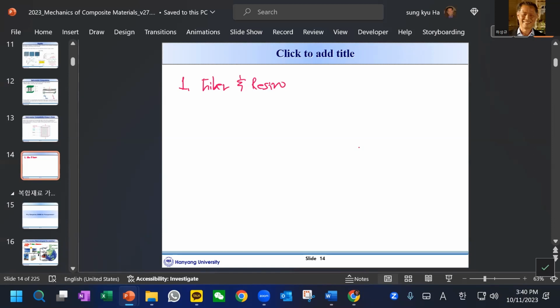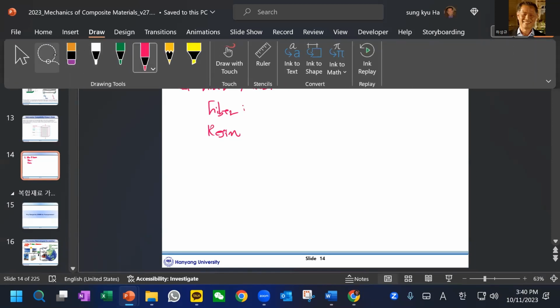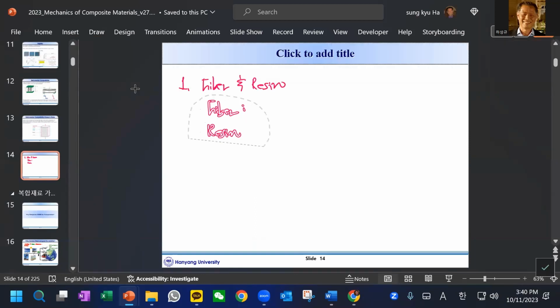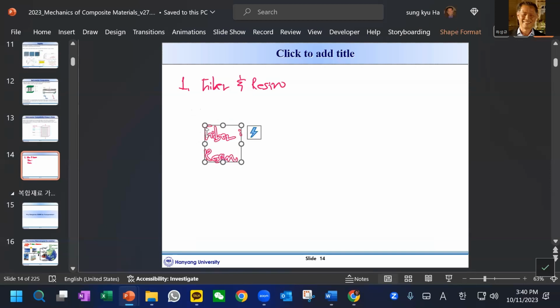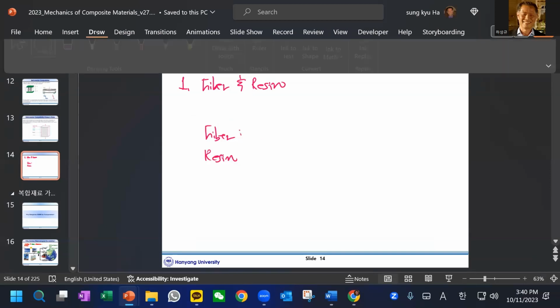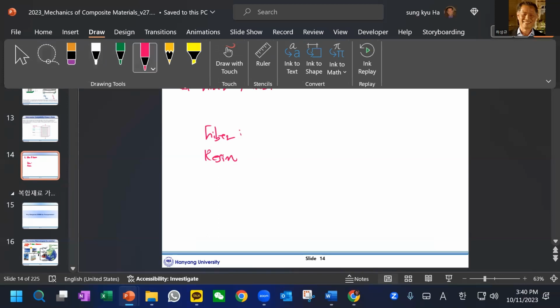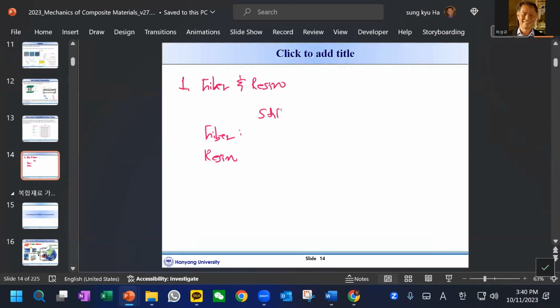As you can easily see, let's compare the fiber and the resin. The stiffness will be about, for the fiber, I would say 250. This is the stiffness, and then I will say strength.